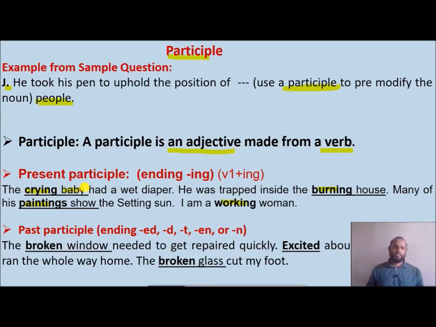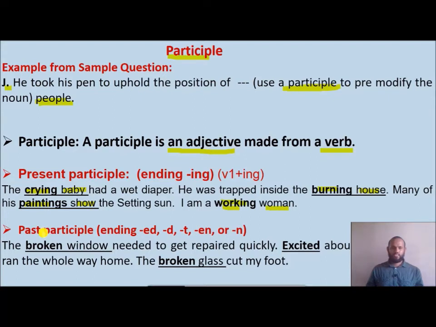Here crying is describing this noun baby and it becomes crying baby, and burning is describing the noun house and it becomes burning house, and painting is describing the noun show, so it becomes painting show, and working woman. So working is describing the noun woman. So you see that this present participle works here as an adjective.